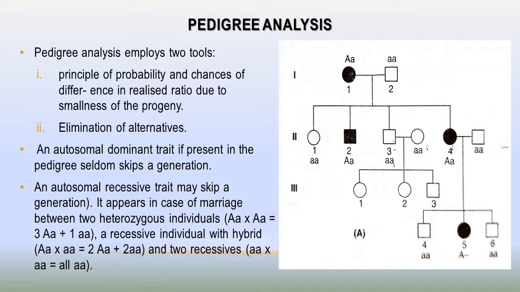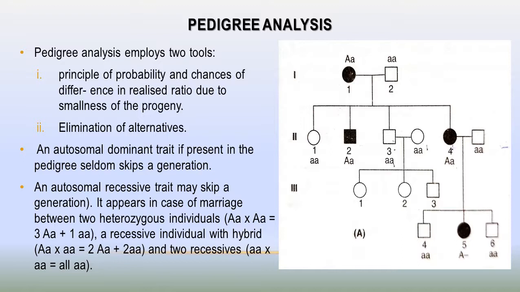So here the female is affected whereas the male is unaffected, or we can say he does not show the trait. If it is an autosomal dominant trait, we use the letter A; for the dominant we write capital A, and for the recessive we write small a.